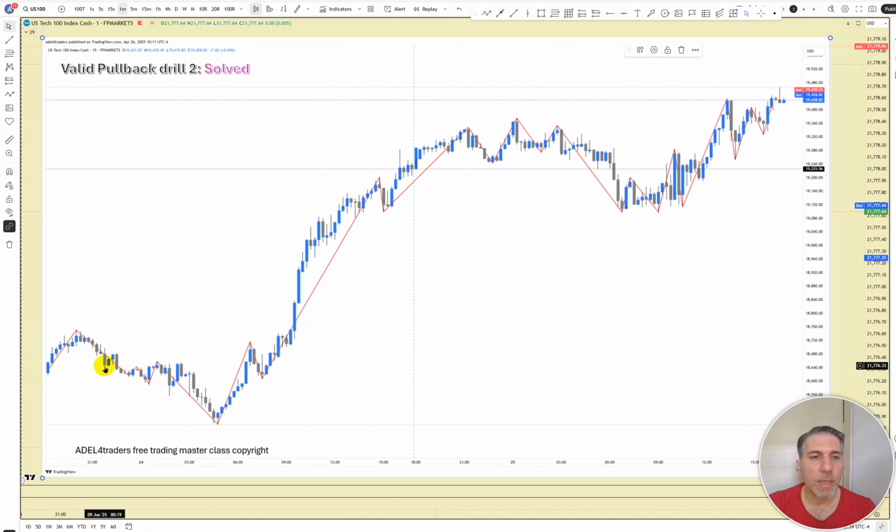This is our down closing candle. High is not taken. Down closing candles, high is not taken. High is taken here. So here also we have down closing candle's high. Up closing candle's low is taken. Now down closing candle's high is taken and up closing candle's low is taken by this candle.